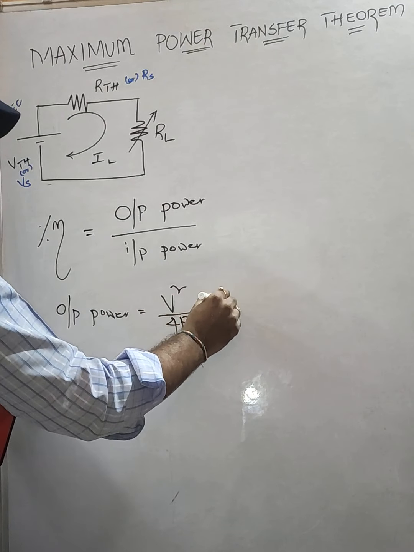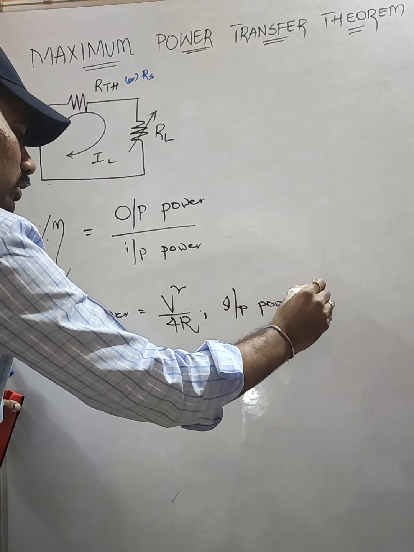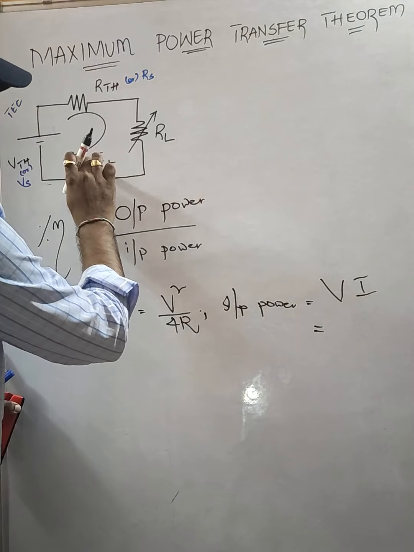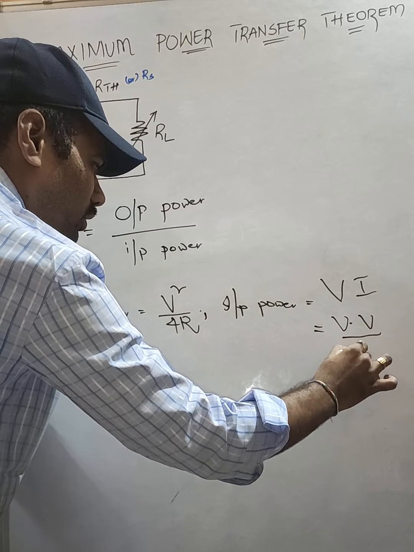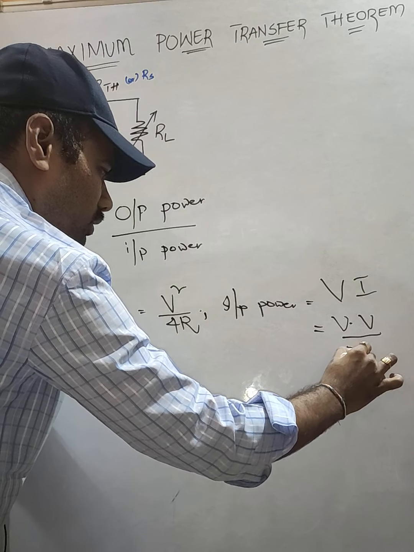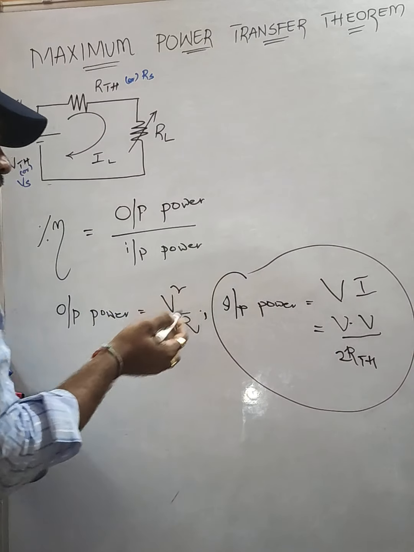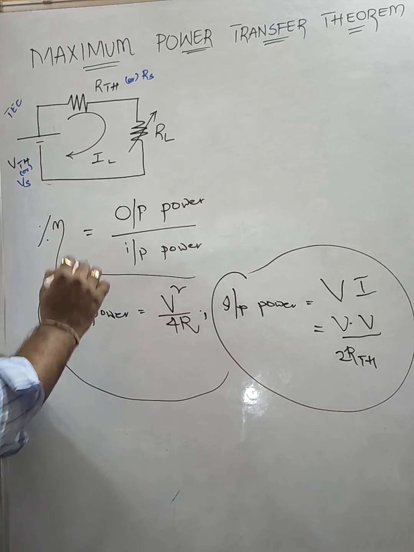The input power is V into I. I is V divided by RTH plus RL, which is 2 times RTH. This is the input power and that is the output power. Substitute in this equation.